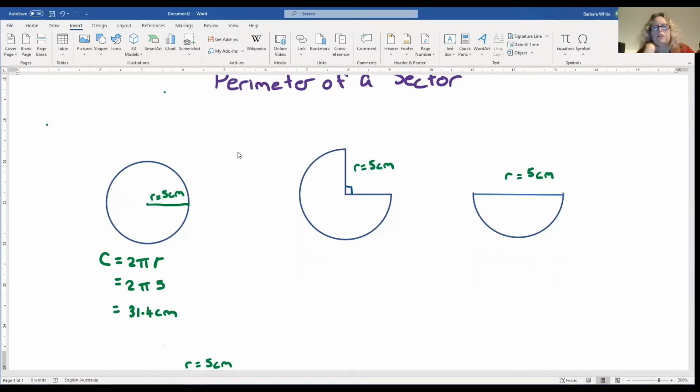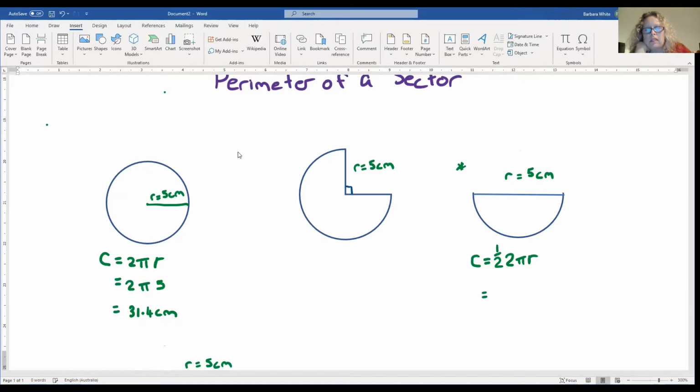Moving over to this circle here, how much of a circle is that? The formula for the perimeter of a circle is still the same: 2 times pi times the radius, but because it's half a circle, we are going to multiply that by half.